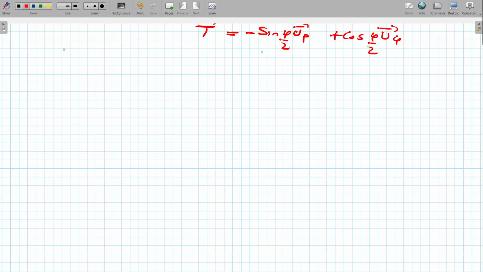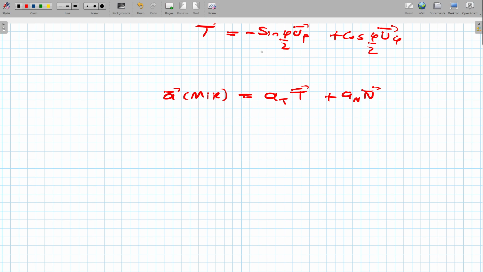Let me remind you that the acceleration of a point M in the reference frame R, in the basis of this reference frame, is going to be given by some tangential component plus the normal component. This is the relation we're going to use to solve the current problem.